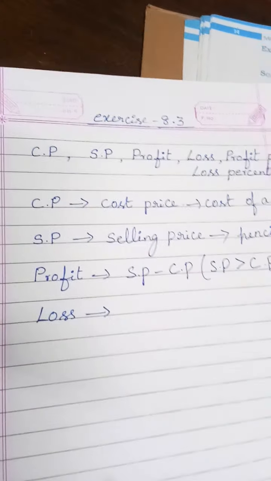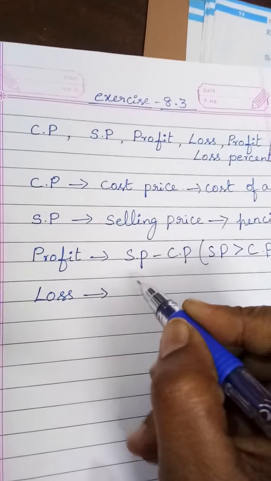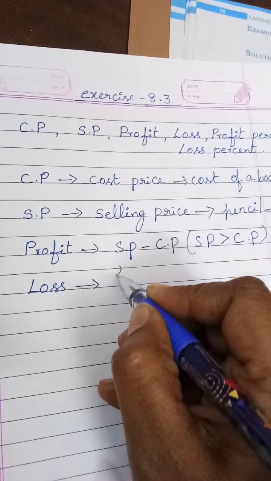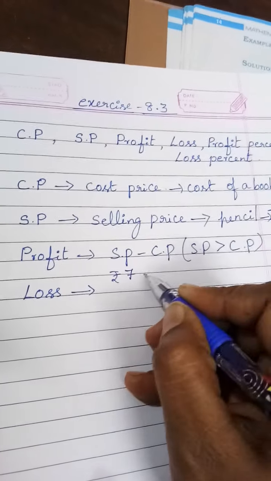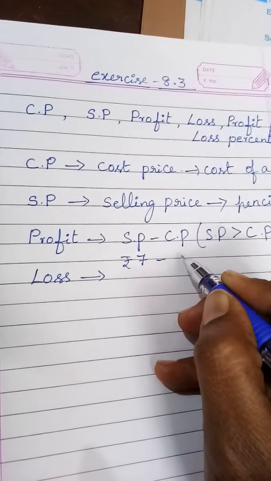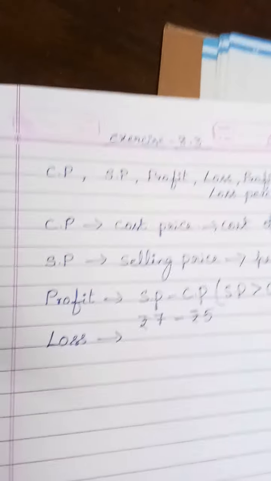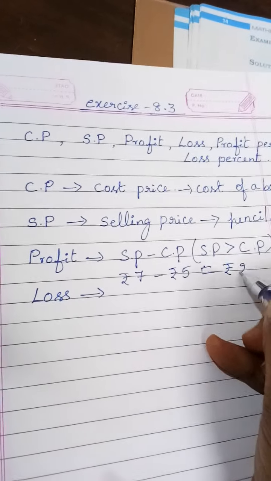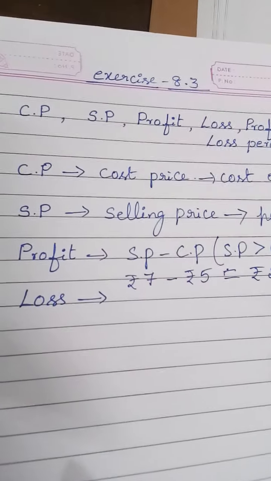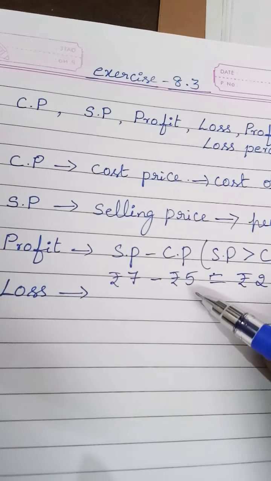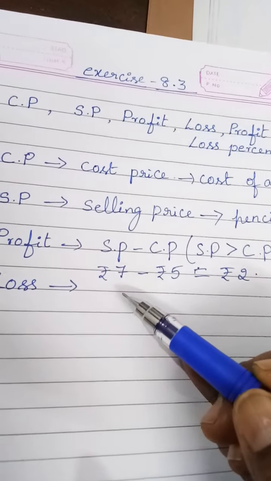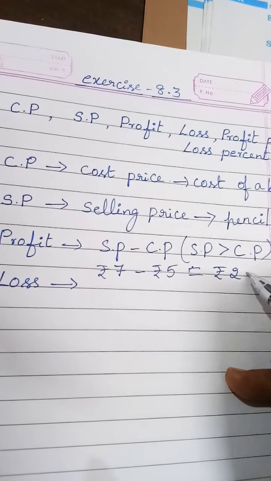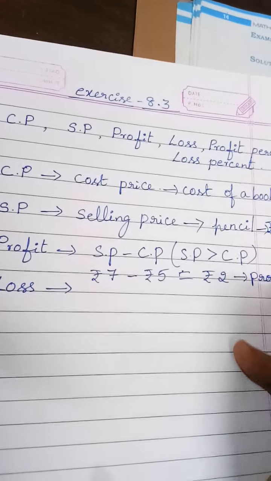For example, the selling price of a book is 7 rupees and the original cost price of that book is 5 rupees. 7 minus 5 equals 2, so you got a profit of 2 rupees. You bought the book for 5 rupees and sold it for 7 rupees, so the extra money you got, 2 rupees, is called profit.